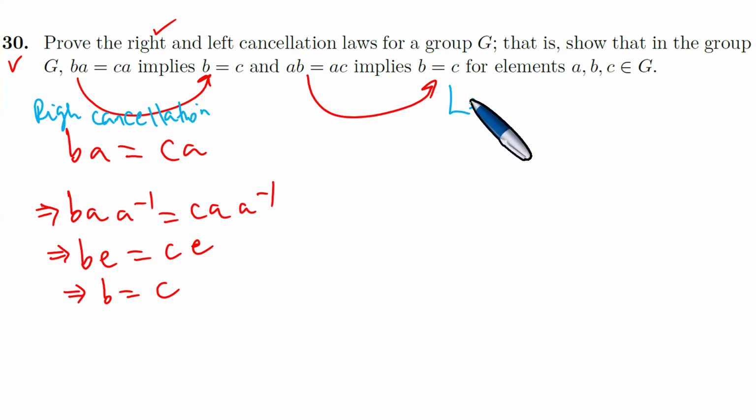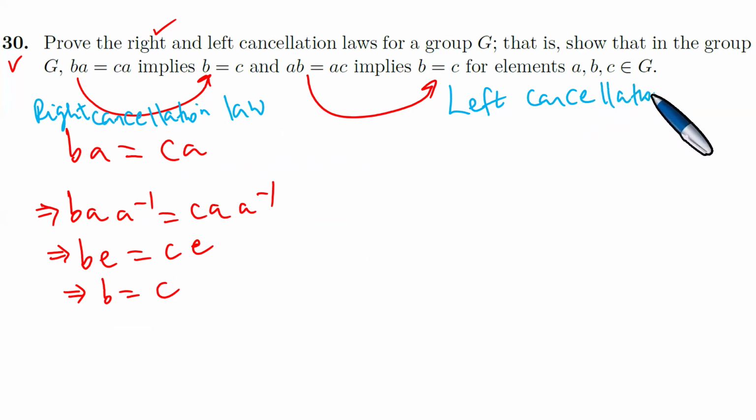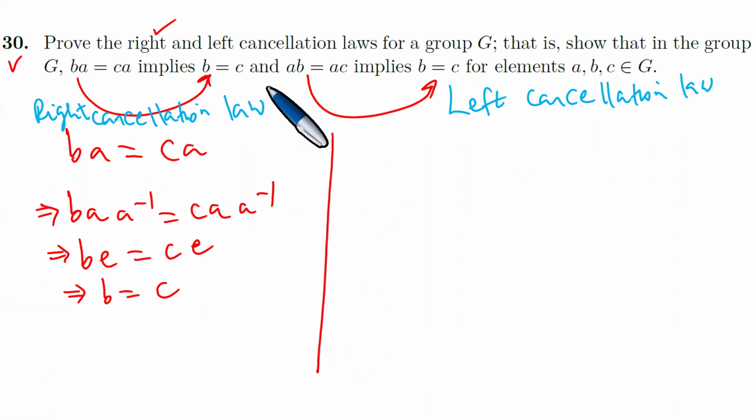Simultaneously, we want to prove the left cancellation law. Given, for example, ab is ac, now on the left we can apply the inverse.